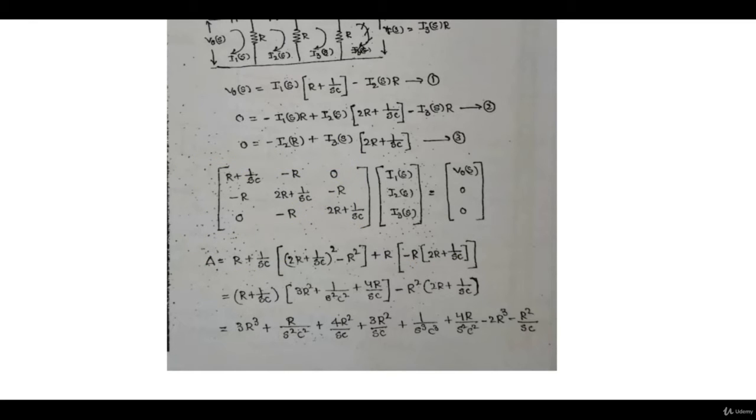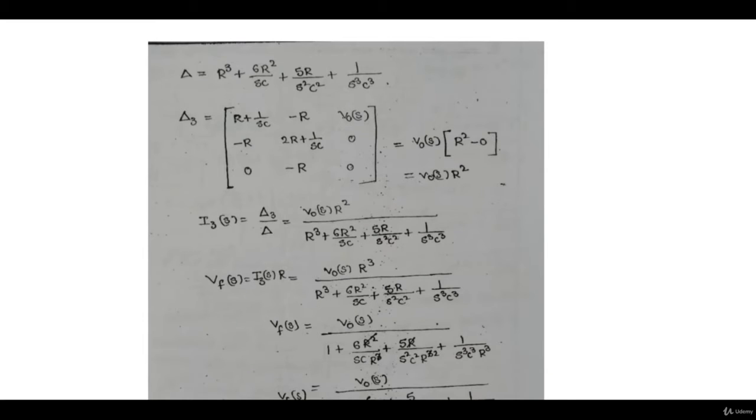Once you solve this value of delta, you will get R cube plus 6R square divided by SC plus 5R divided by S square C square plus 1 by S cube C cube. This is the delta.